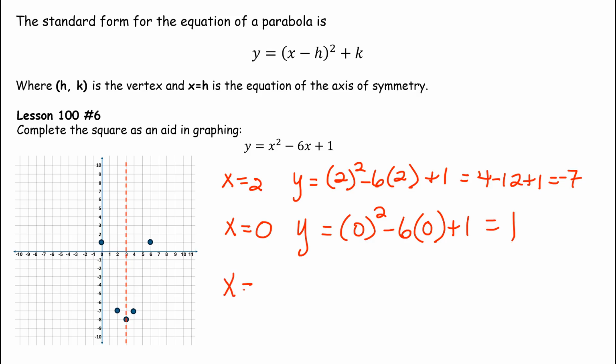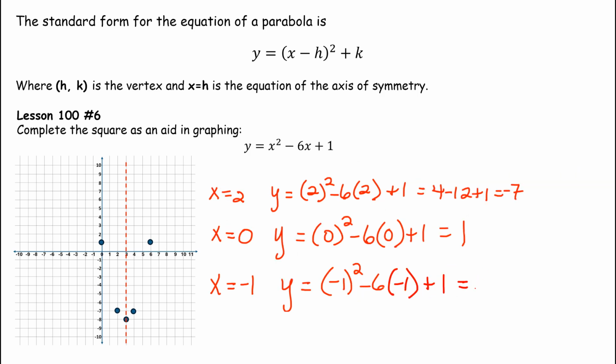I'll say x is equal to negative 1. If x is negative 1, then y is going to be negative 1 squared minus 6 times negative 1 plus 1, which is equal to 1 plus 6 plus 1, which is 8. So the point (negative 1, 8) is on this parabola, and just like it on the other side, 4 spaces away will be (7, 8). And so that parabola is going to look like that.